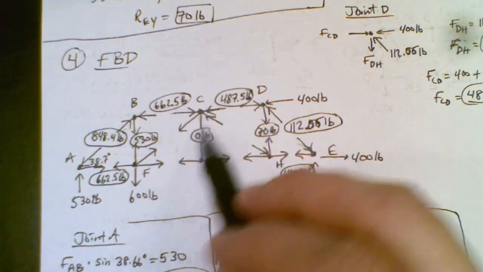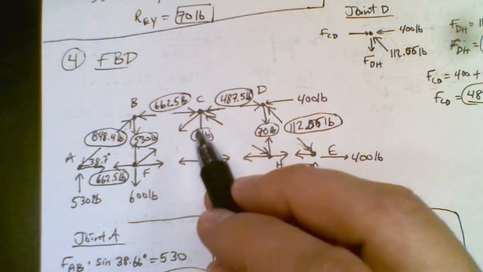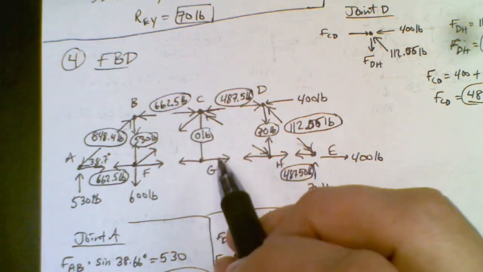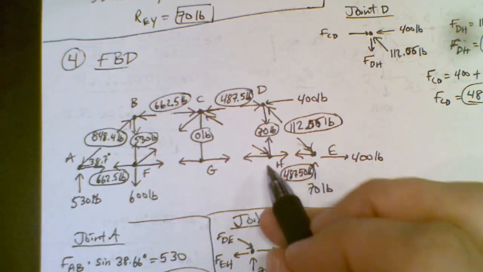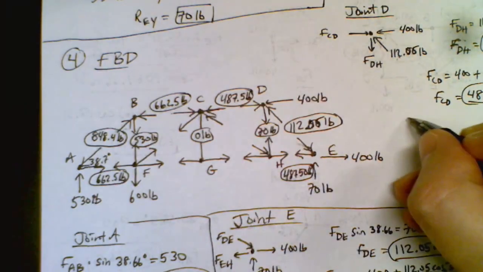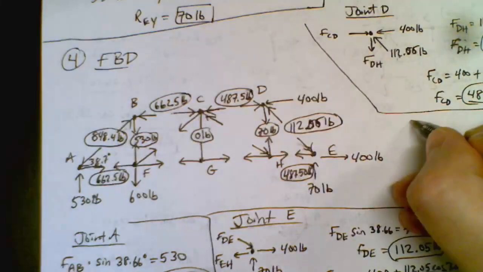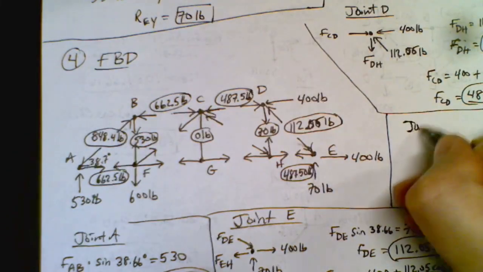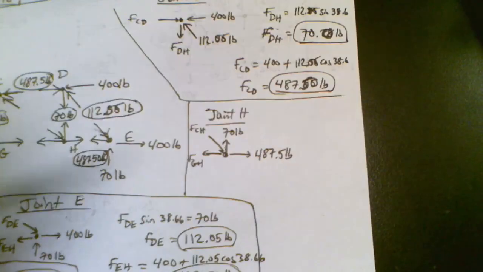C looks pretty crazy because there's a lot of unknowns here. I could do it, but I don't want to. G, I don't know enough about it. So I like H. So joint H is next. Let me pause while I draw a quick picture.